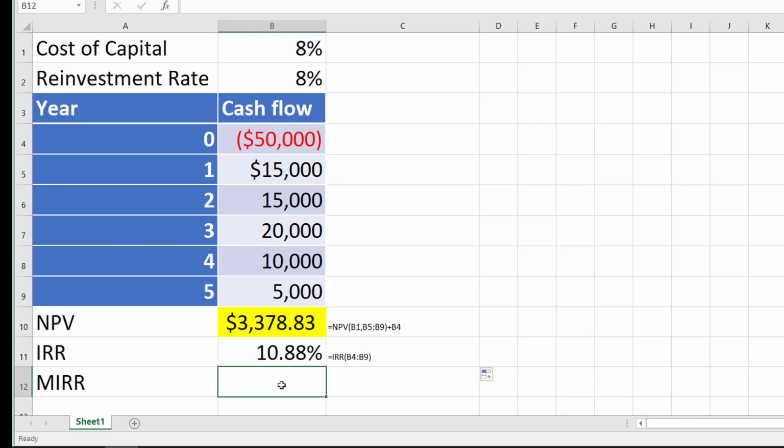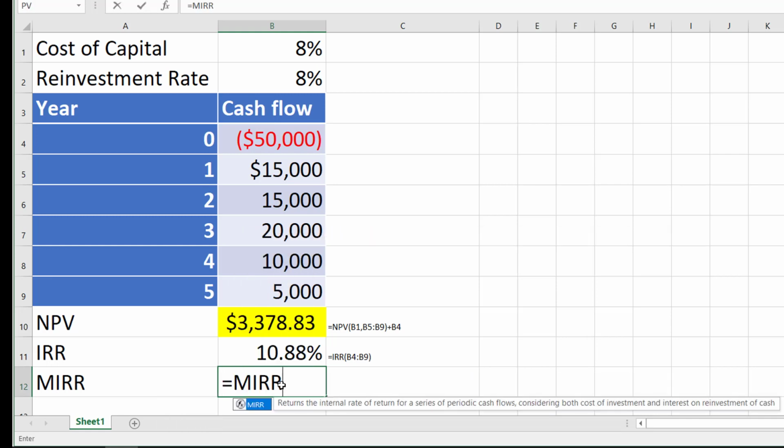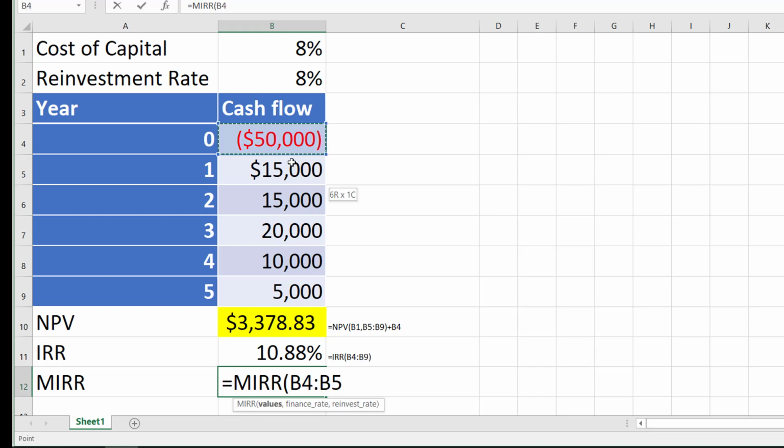So this is how you compute IRR. What about MIRR? Again, we start with an equal sign, right? MIRR and parenthesis. This time you need all the values that you want to compute the IRR for. So your cash flow starts from period 0 to year 5. And see here the arguments you need. Finance rate, meaning at what rate are you borrowing money to invest in this project?